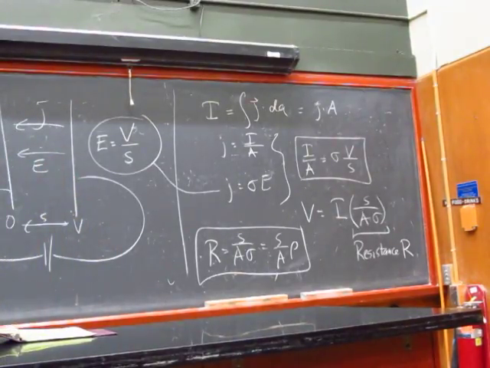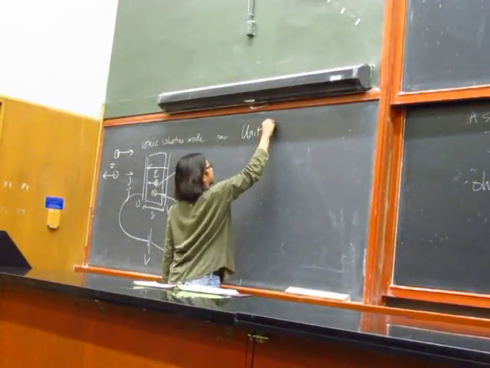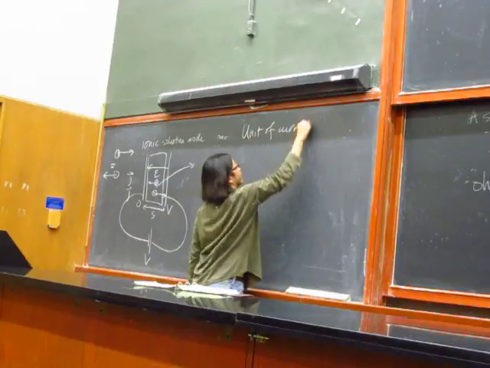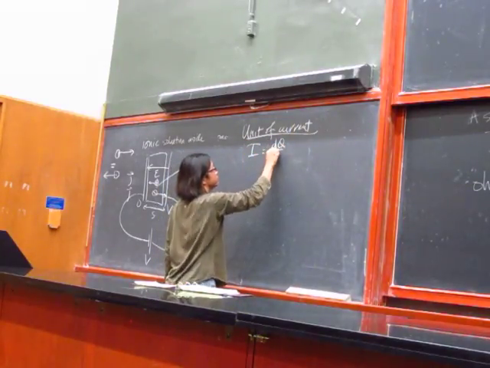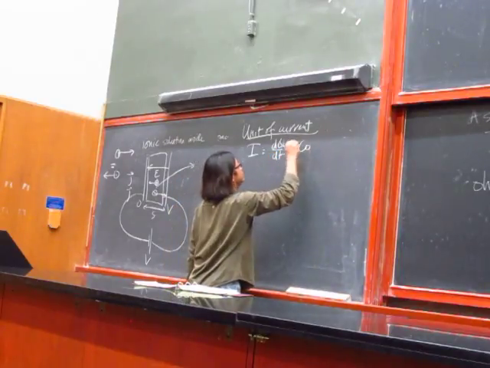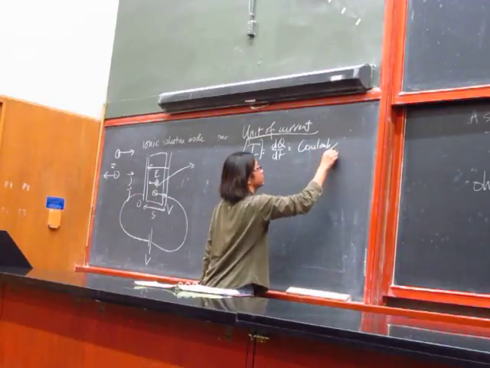Units now. This part here. So recall that the unit of current I, which is just dq/dt, is Coulomb per second.